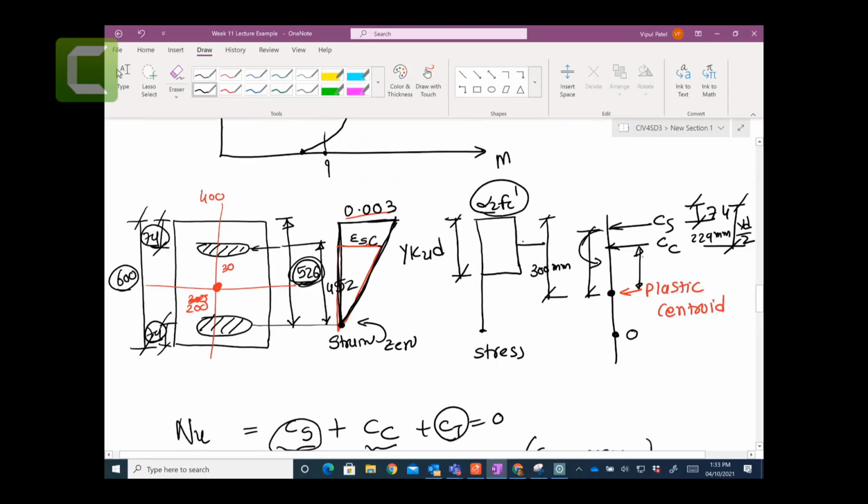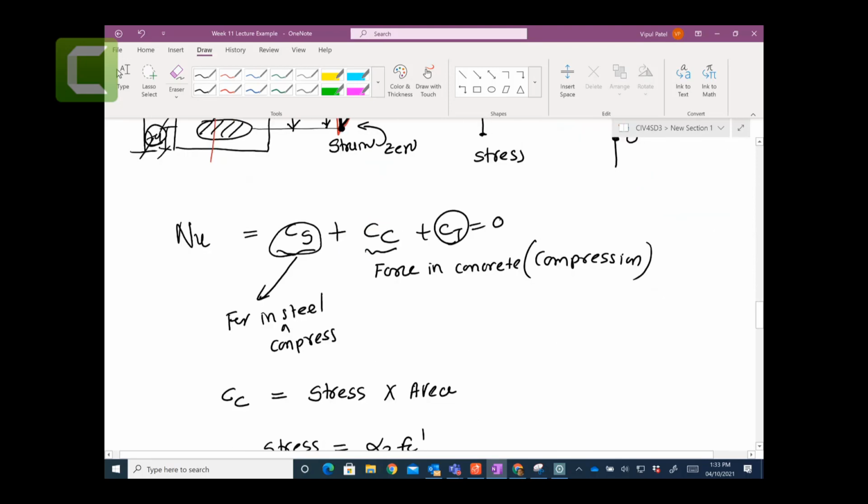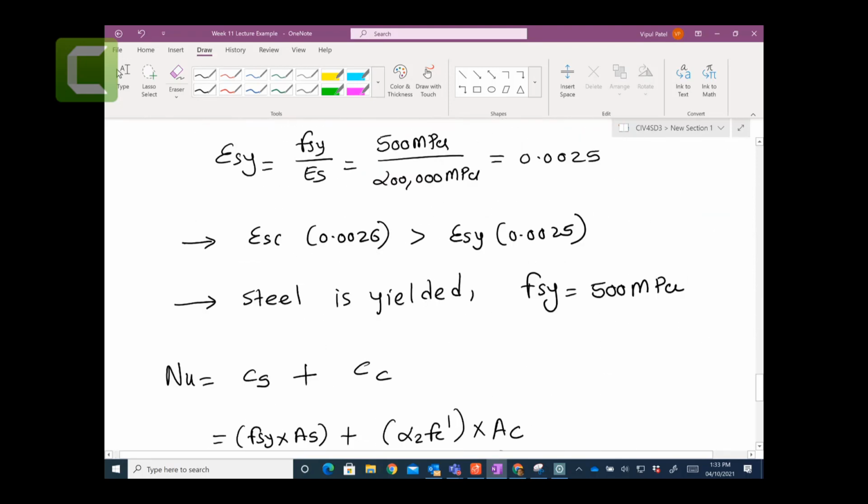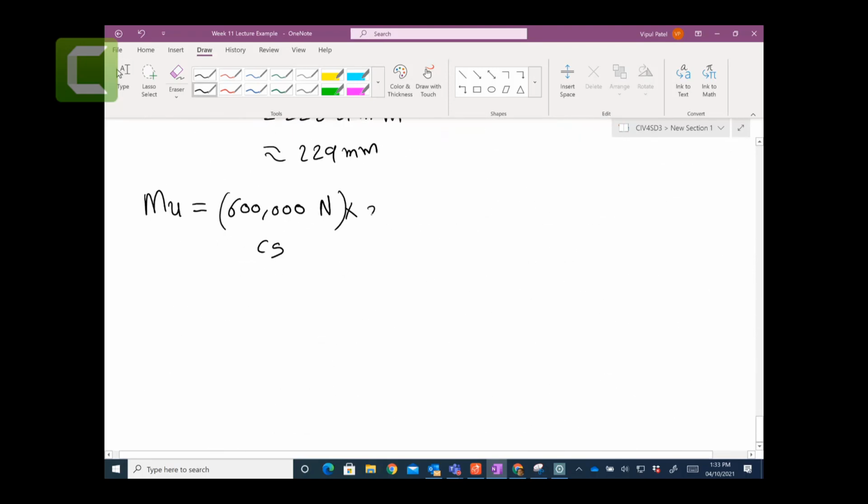This distance CS from here to here. How much is this distance? So 300 take away this 74, right? Because the plastic centroid is 300, and this distance is 74 given. So 300 take away 74 gives me 226. So this distance is 226 millimeters.